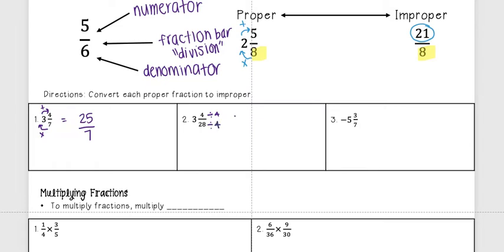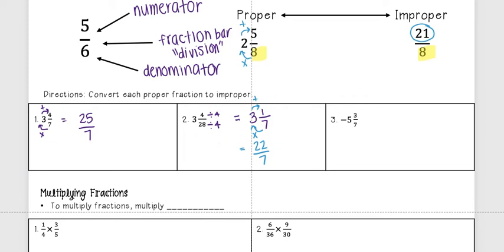So I'm going to divide top and bottom by 4. 4 divided by 4, I get 1. 28 divided by 4, I get 7. And now I have smaller numbers to deal with. So I'm going to do that same thing, 7 times 3, which is 21. And then 21 plus 1, and I get 22 over 7.